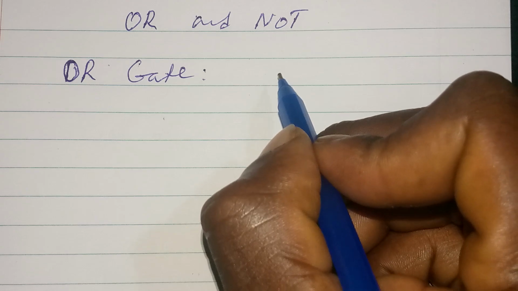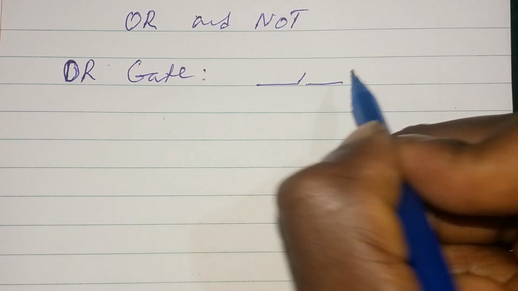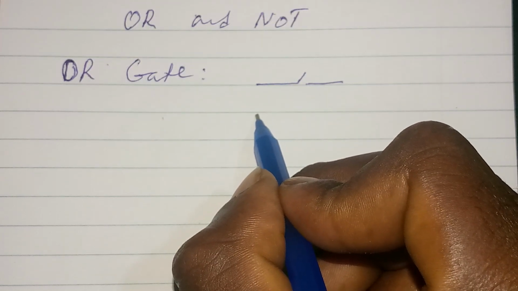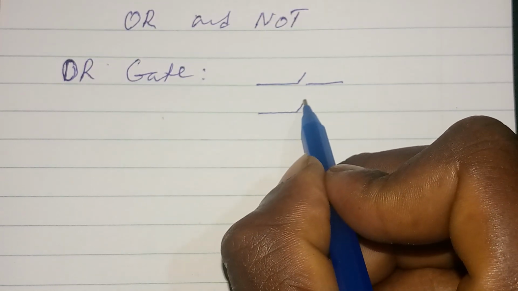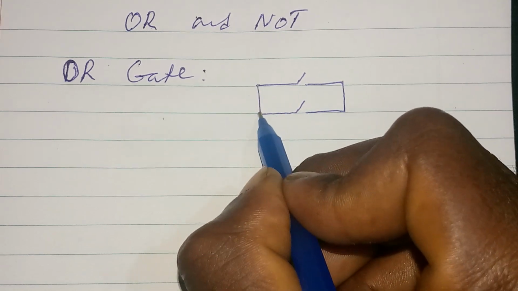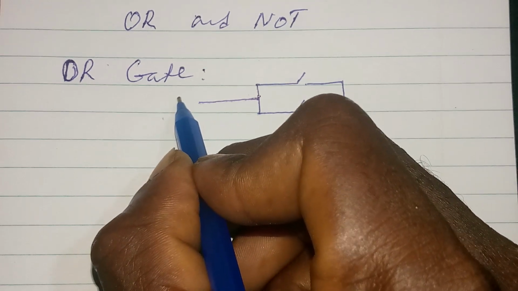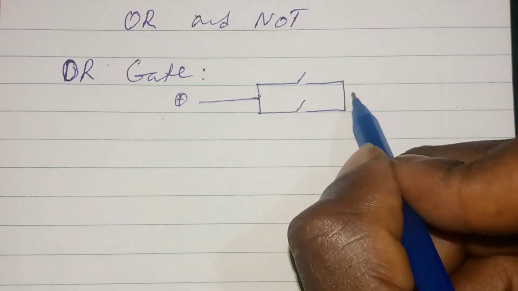For instance, you have a switch here, and then you also have another switch here. Connect them in parallel to each other, and this is the positive terminal.